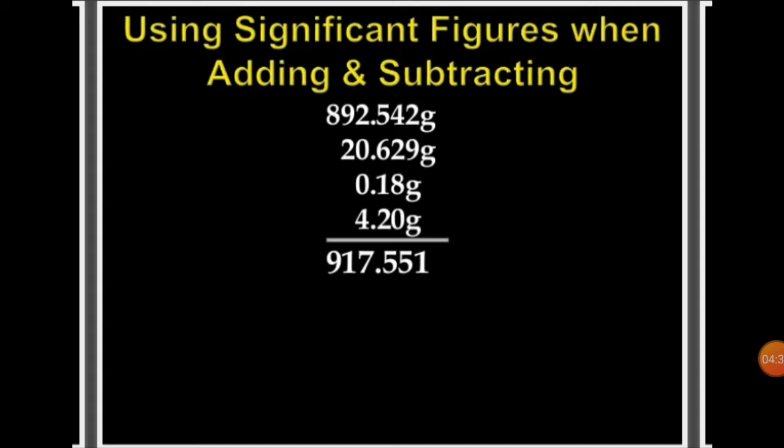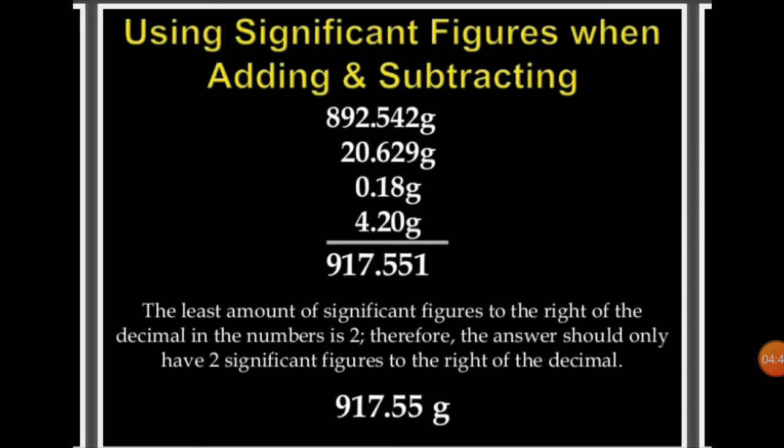As you see, all the numbers have significant figures after the decimal. In the first number 3 digits, in the second 3, in the third 2, and in the fourth 2. So when you calculate the answer, the least number of significant figures to the right of the decimal in the numbers is 2. Therefore, the answer should only have two digits to the right of the decimal.